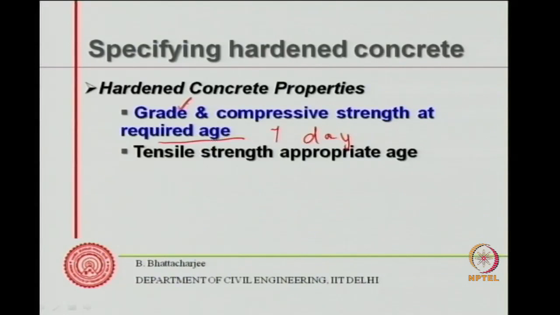Generally in the Indian scenario we test cubes, and we will talk about that sometime later on, why and how concrete strength is affected by the specimen size, shape, etc. So in the Indian scenario, we talk in terms of grade of concrete, measuring the compressive strength at the age of 28 days, and we specify it in terms of something called characteristic strength.